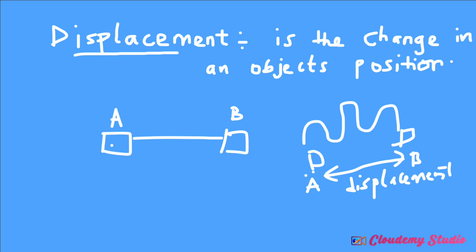But if you move in this zigzag or curved manner, that is distance. Distance does not care whether the line is straight or not. The most important thing is to get to the destination. So distance does not have direction, but displacement has direction.